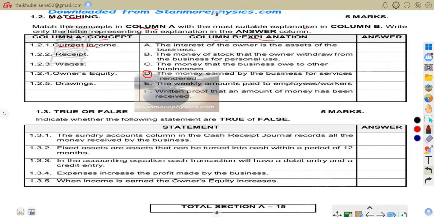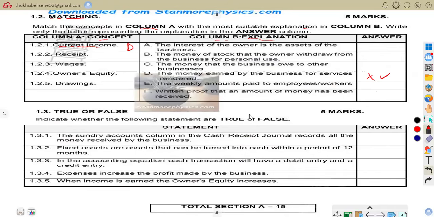As it says, current income is the money earned by the business for services rendered. So the correct answer is D.